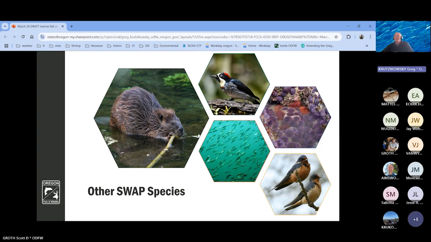Or two, it has economic, social, and or cultural importance in the nearshore. So species like Pacific lamprey or Chinook salmon, for example, are not only SGCN, but also qualify in the other category based on those criteria. Next slide, please.